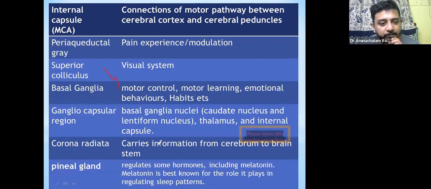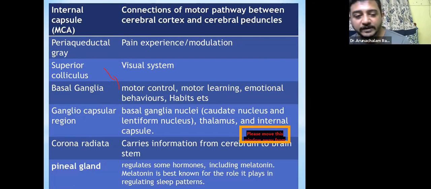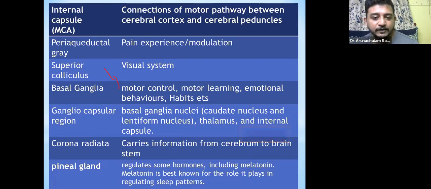So next is your periaqueductal gray matter. You might have studied this in Clayton's electrotherapy: the periaqueductal gray matter is a very important structure in the pons, which activates the descending pain suppressing system. You might have known about the Raphe nucleus, periaqueductal gray matter and the Raphe nucleus, which activate the descending pain suppressing system, thereby reducing your pain according to the pain gate theory by Melzack and Wall.